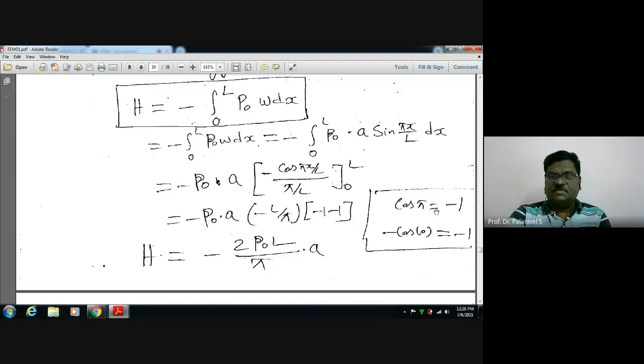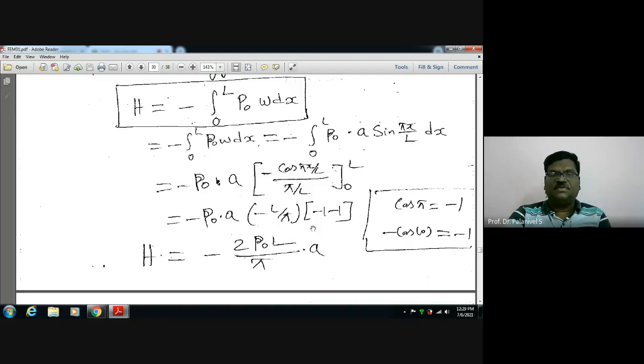Cos pi is equal to minus 1. So minus 1 divided by pi by L, that is minus L by pi. This minus sign was already taken outside. Into apply lower limit.